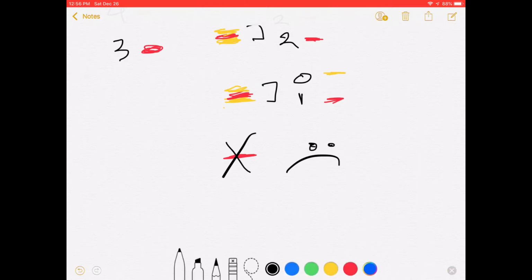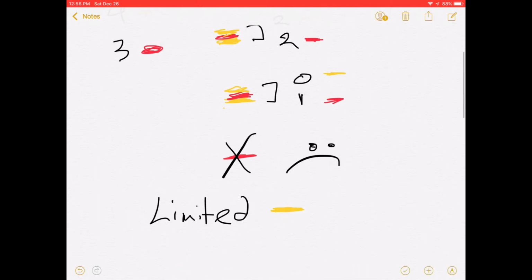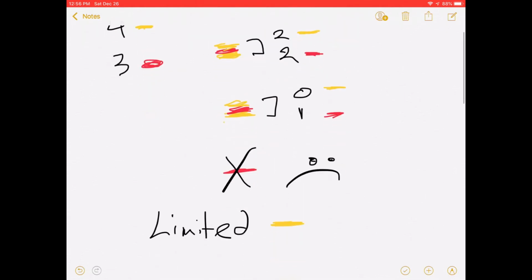We were limited by the amount of bread that we had. We had enough slices of tomato, so that's our excess, but we were limited by the amount of bread that we had, and that, in essence, is the general concept of limiting reactant.